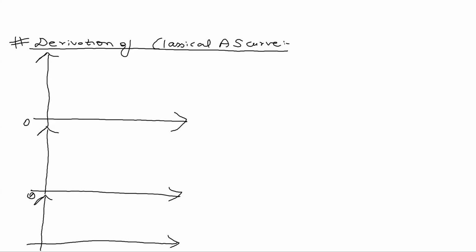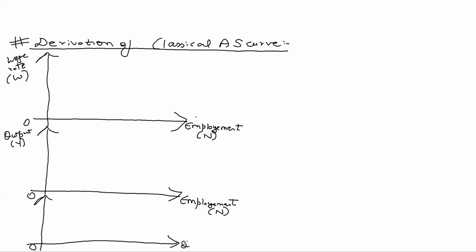We measure employment here, which we capture by N. N stands for employment. And we capture the wage rate here, which we denote by W. Similarly, we have employment here, which we capture by N, and output, which we capture by Y. And I have output in the last diagram on the horizontal axis, and I have price on the vertical axis.